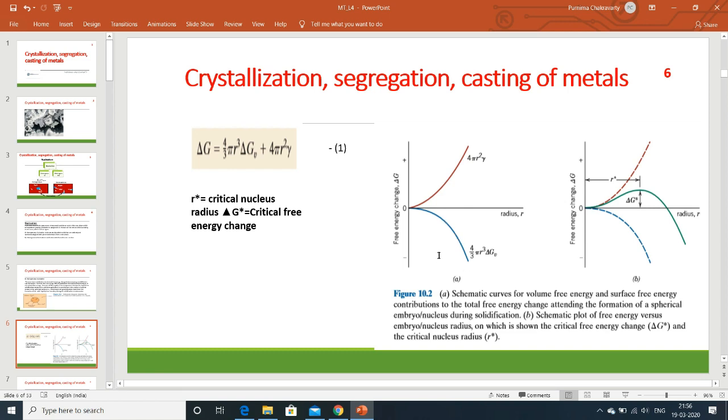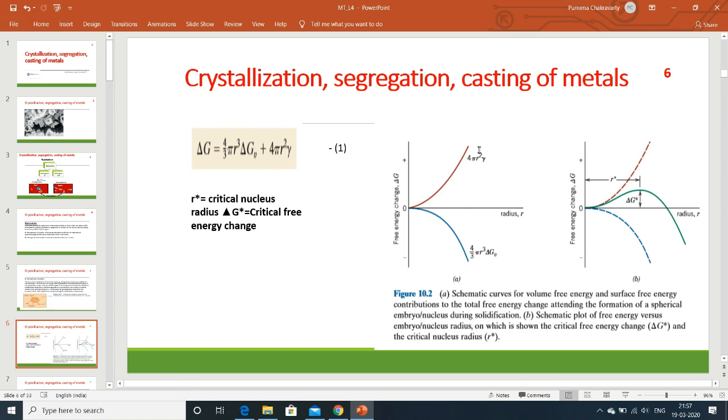On the other hand, if you look at the red line, which is designated for surface free energy, it is positive and increases with the square term r in the equation. So the volume free energy decreases and the surface free energy increases.